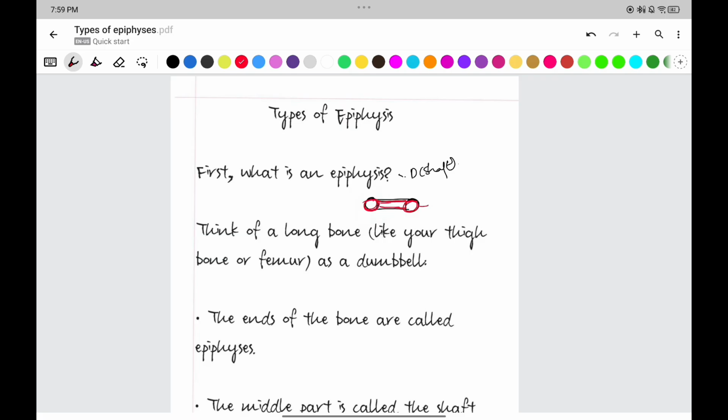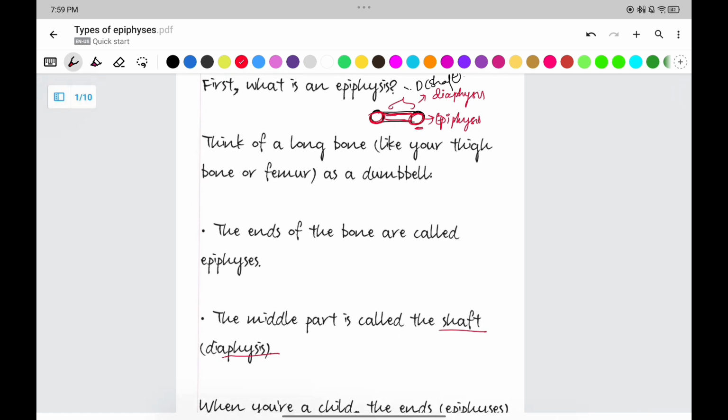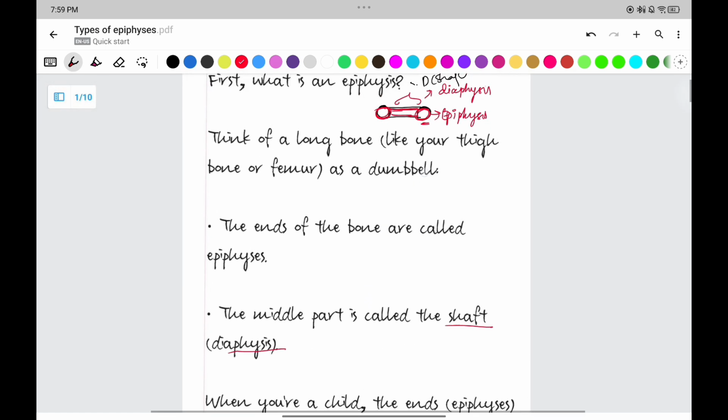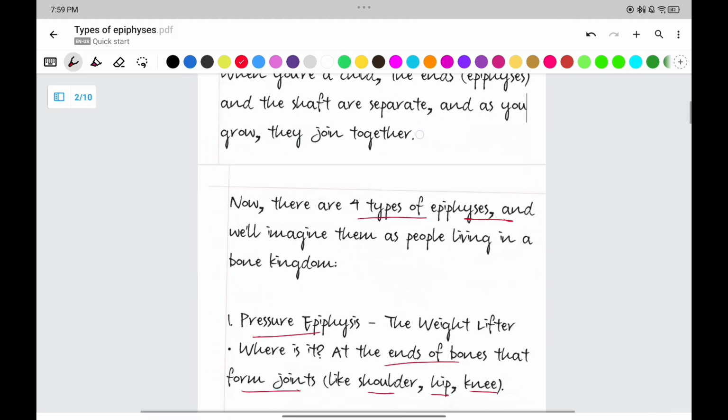This is known as the epiphysis, and this part here is known as the shaft. It is also known as the diaphysis, but today we are going to discuss the epiphysis. It is the ends of the main bone. These are known as the epiphysis. The middle is known as the shaft.